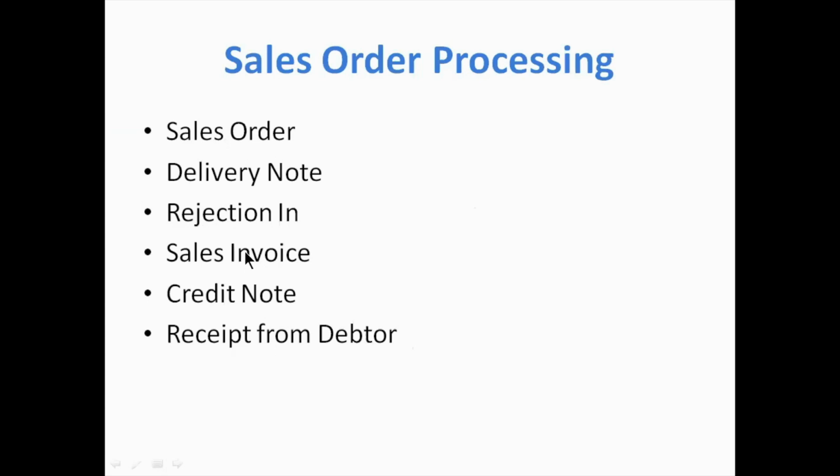If the goods are returned by the customer before invoice, we will pass a rejection in voucher. If the goods are returned by the customer after the sales invoice, then we need to pass the credit note. These two vouchers are very important and should be selected properly. So go through the video, go through the whole assignment and practice the same.